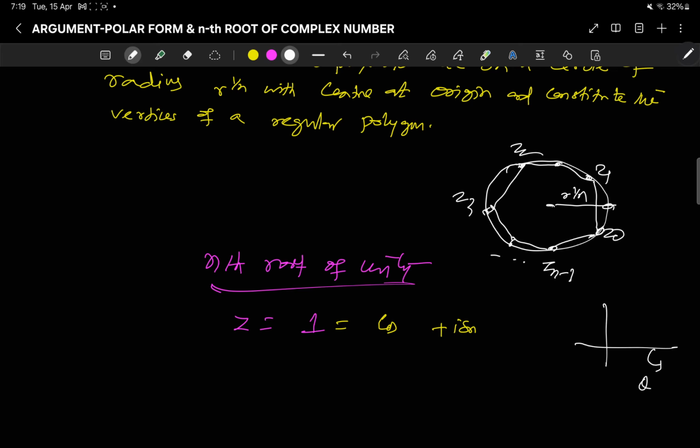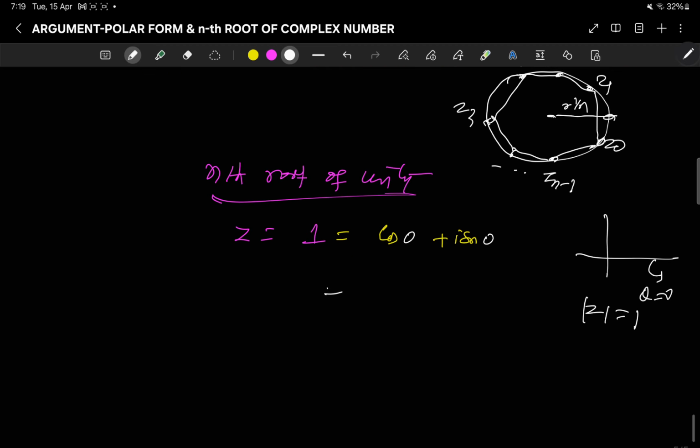So what is the argument? Theta is equal to 0, and z mod is equal to 1. So now we write it as cos 0 plus 2k pi plus I sin 2k pi.